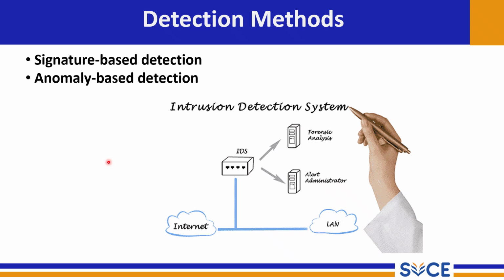Can you understand? Yeah. And here is a simple diagram, a small example, of an intrusion detection system using forensic analysis and alerting the administrator, connected to the internet as well as the LAN network. So these are the common detection methods.